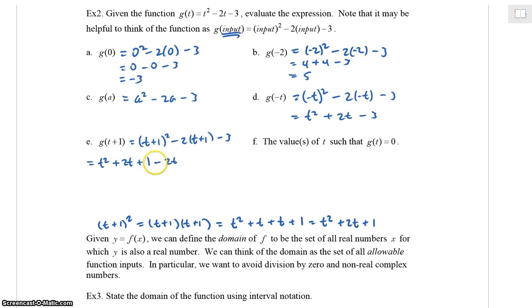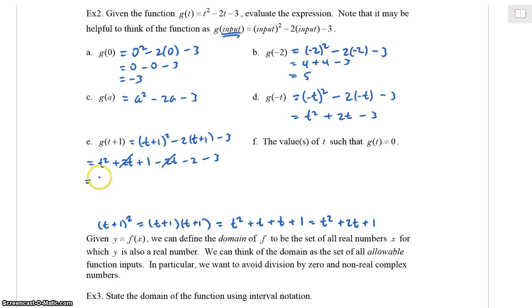Then minus 2t minus 2, distributing negative 2, minus 3. Okay, can we simplify that further? Well, the 2t and the minus 2t cancel. And then the numerical values, 1 minus 2 minus 3, simplify to minus 4.